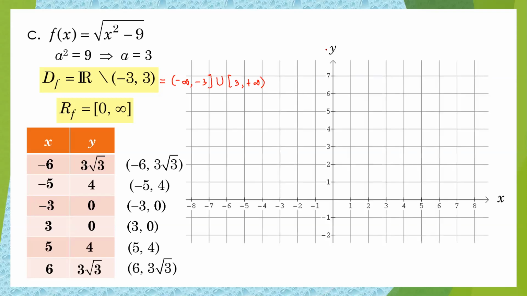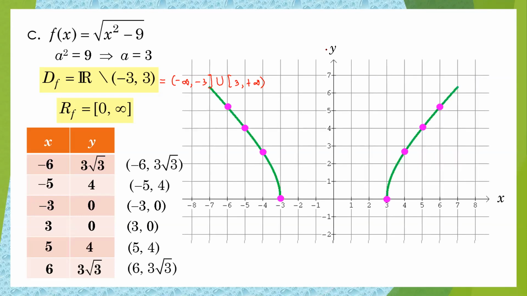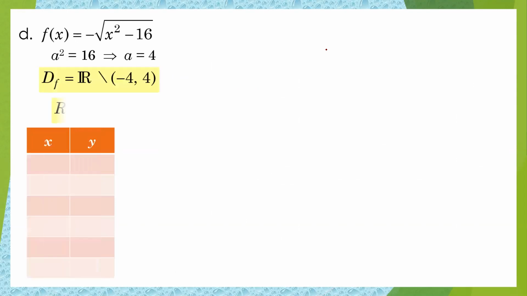Okay. After assigning values, plotting them. So the other part here, right part, there is left and right part, but this is upper branch. Yan. Okay? -3 going to the left, +3 going to the right. What about this? Lower branch. Start from -4 going to the left, +4 going to the right. Yan.